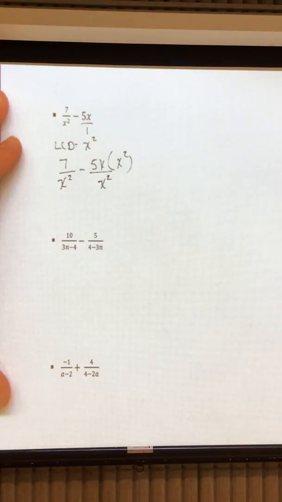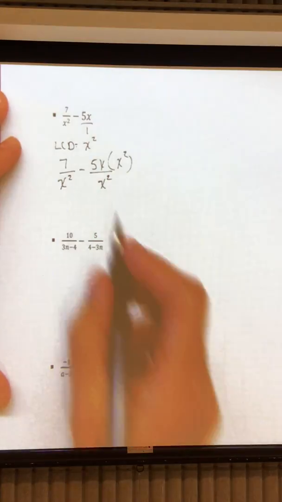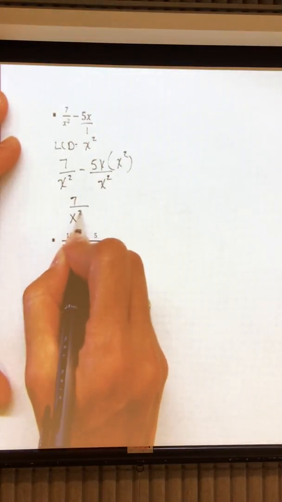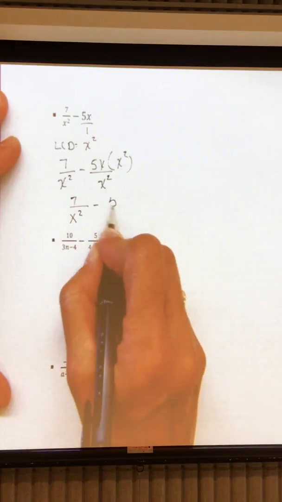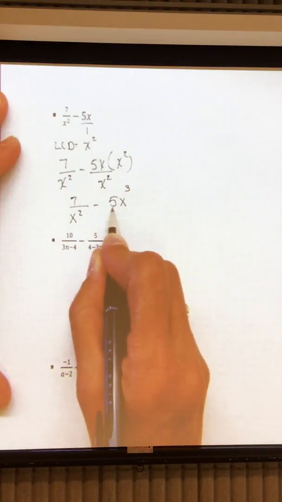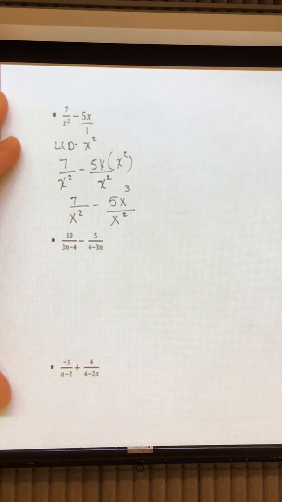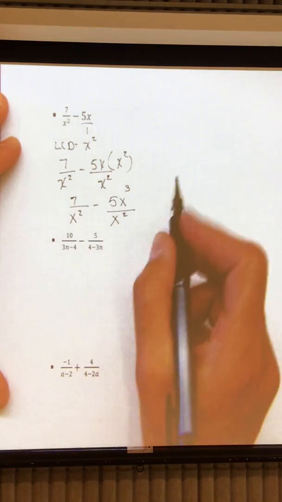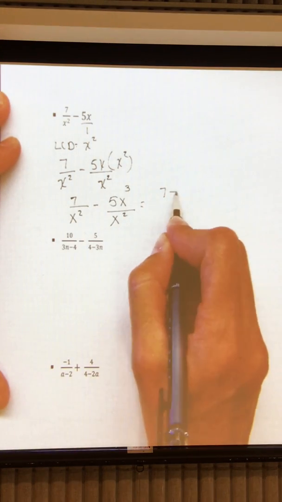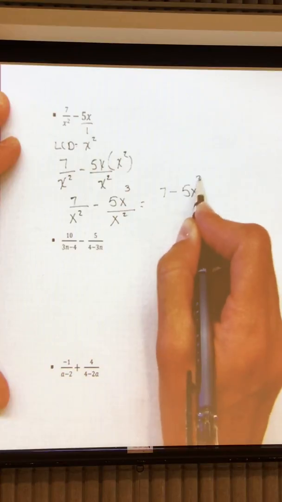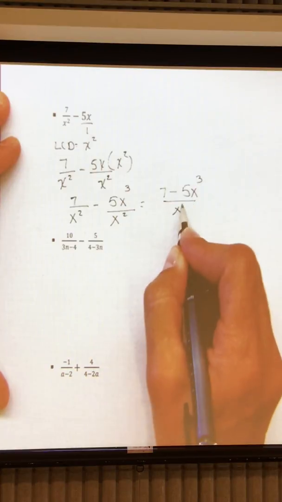So combining our numerator now, we have 7 over x squared minus 5x cubed over x squared. And here we can't combine like terms, so we would just leave it as 7 minus 5x cubed over x squared.